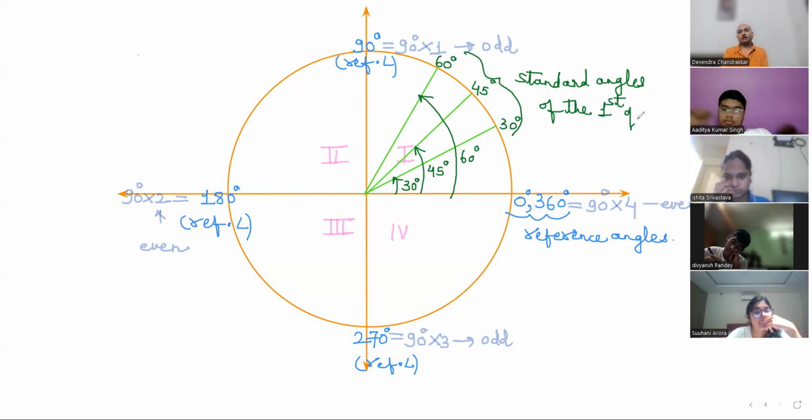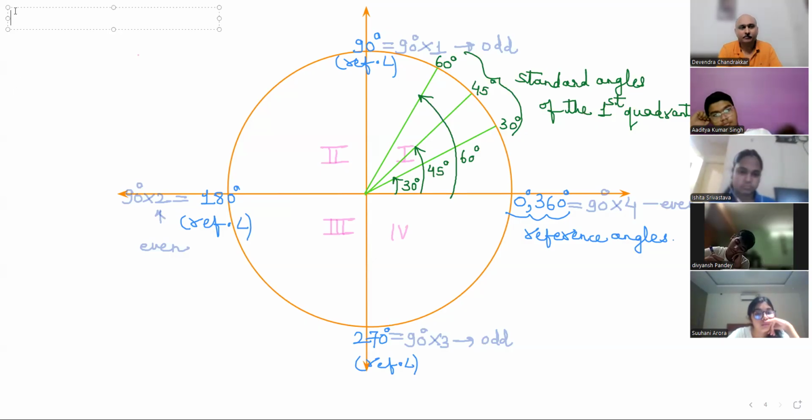Now as there are standard angles of the first quadrant, there are standard angles for other quadrants as well. So how to find standard angles for other quadrants? It's very simple.